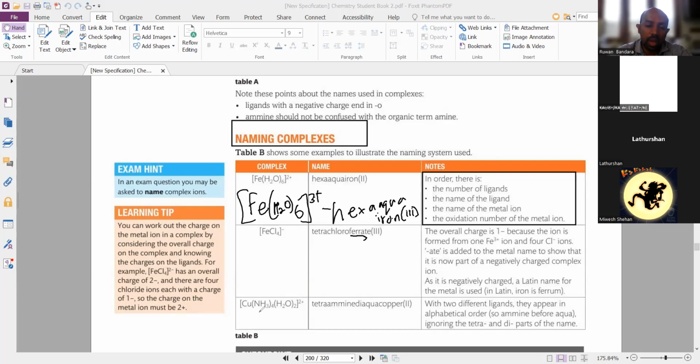Here you have ammonia and water. So ammonia is amine, water is aqua. Both start with A, but M comes before Q. Therefore, amine comes first. So the name is tetraamminediaquacopper(II). Tetra means 4, ammine is ammonia, diaqua. Okay. I hope this is clear. Then let's copy these four.